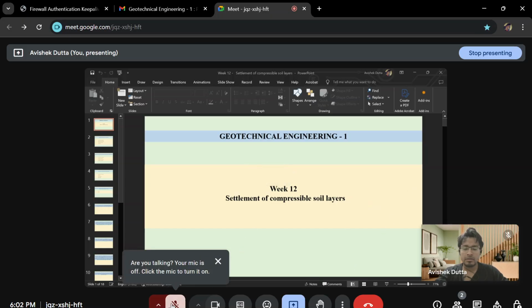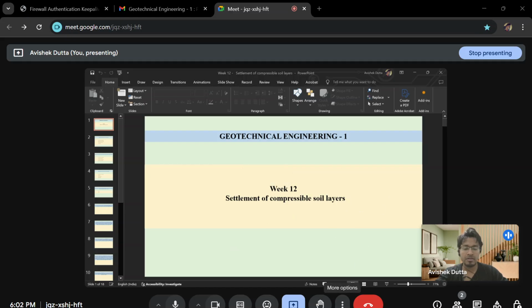This is the 12th live discussion session for the course Geotechnical Engineering 1. The topic of today's discussion is settlement of compressible soil layers. In the previous class, I have already talked about the consolidation part, the basic concepts with some numericals.